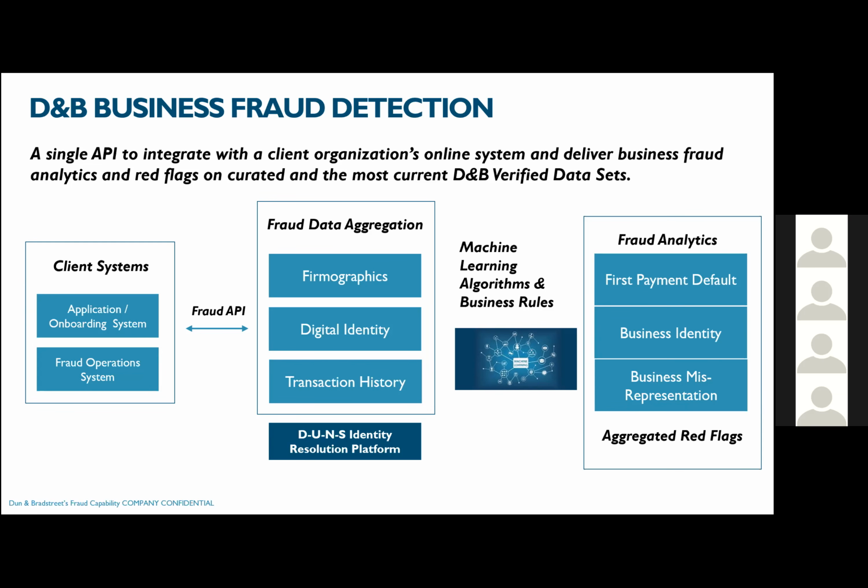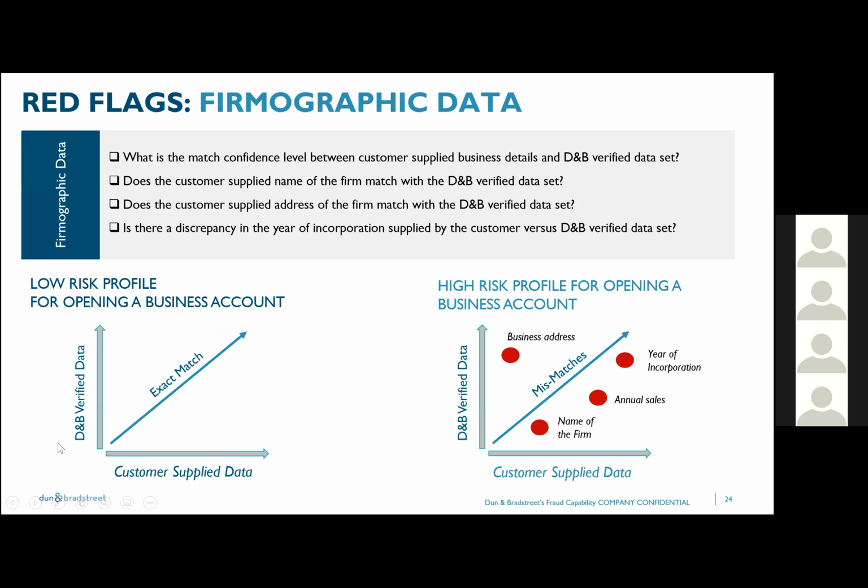So what are red flags? If we go to the next page, we have a few examples. Here is an example of how we look at red flags. The first set is based on firmographic data. If you look at the graph on the left, this is a low-risk profile. The applicant's self-reported data is an exact match to DNB's reference data.